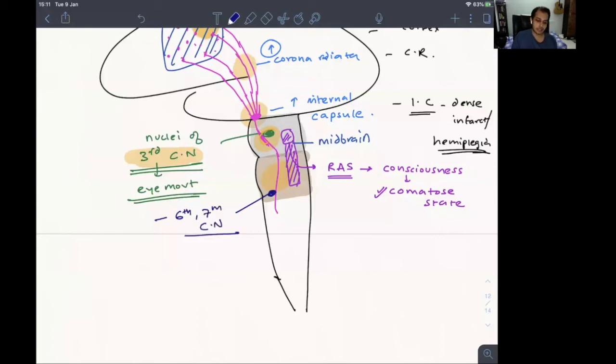So sixth and seventh is your abducens, which also controls eye movement, and facial.